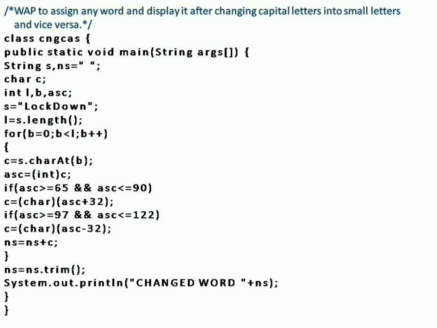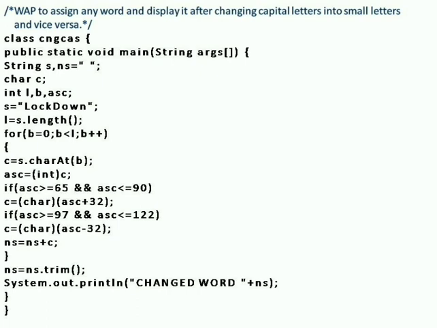Now we'll check whether it is a capital letter. So if ASC greater than or equal to 65 and ASC less than or equal to 90, that means the range of capital letters. If it is an ASCII code of a capital letter, then in the next line C equal to char within bracket, then ASC plus 32.